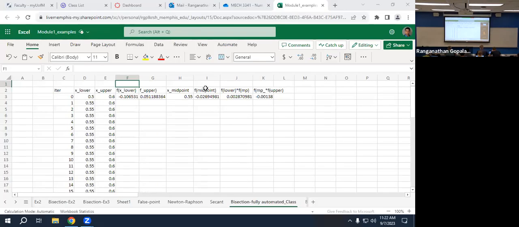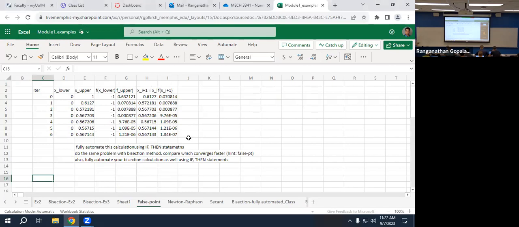All right. So last lecture, I talked about fully automating the bisection method and false point method. I'm going to actually do a demonstration of that first, so that if you see the process, you would automatically figure out what went wrong. If not, we still can look at yours, at least a few of yours.